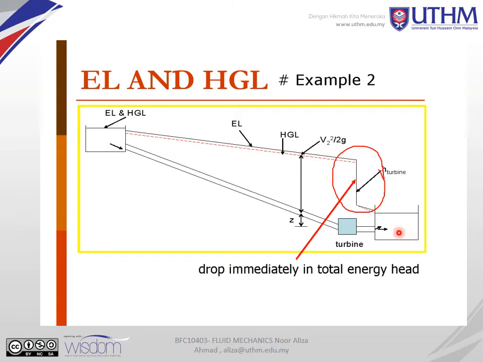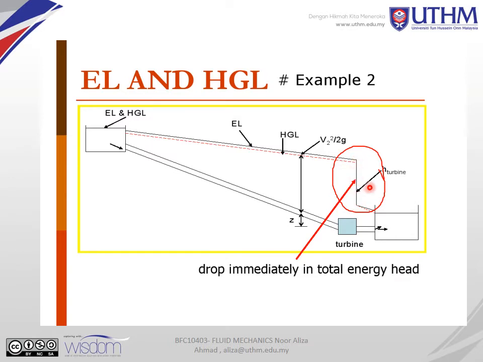2, we have two tanks and also a turbine here. So you draw the energy line, and the dotted red line is the HGL. When we have the turbine, both lines automatically drop here.